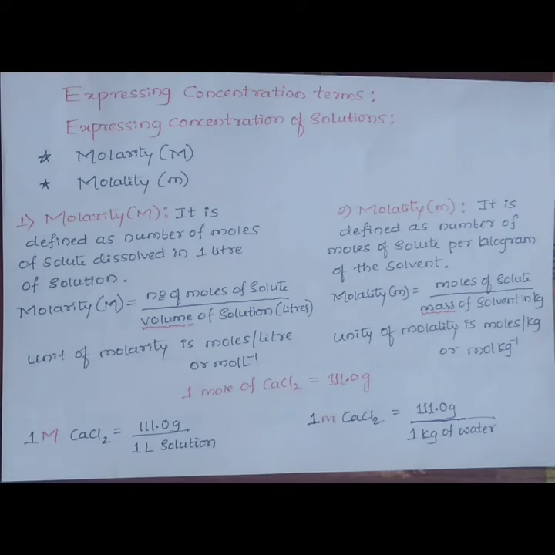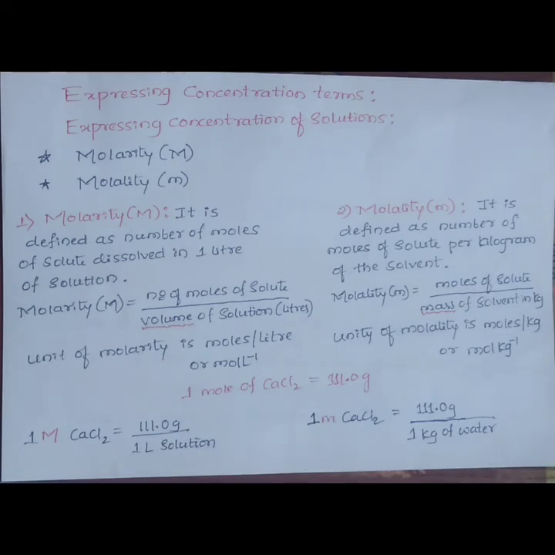If we want to prepare a 1 molal calcium chloride solution, then we have to dissolve 1 mole of calcium chloride in 1 kg of water. So, 1 mole of calcium chloride is again equal to 111 gram.